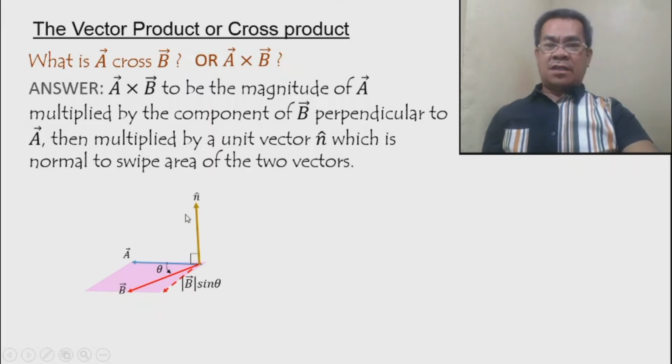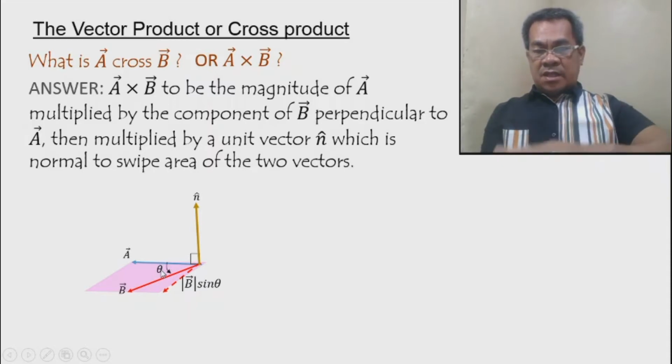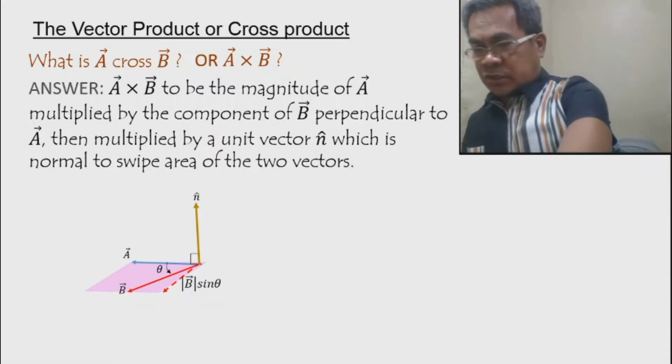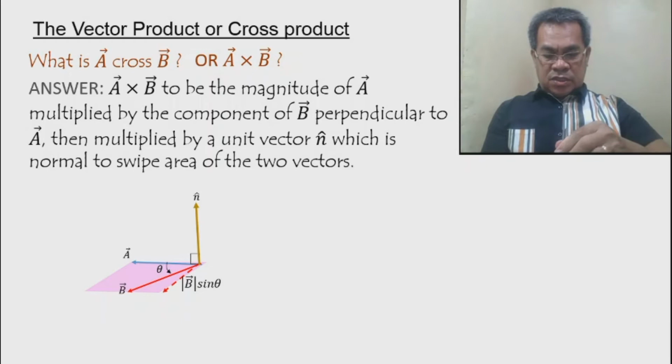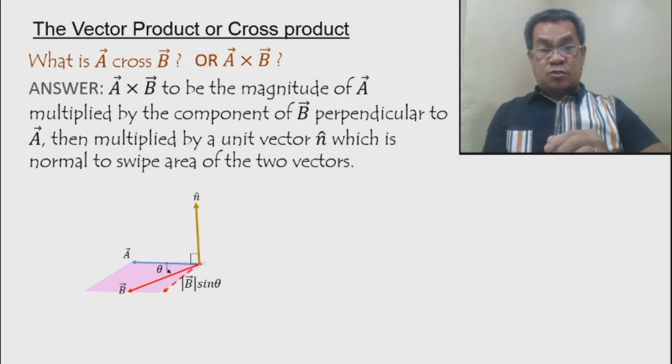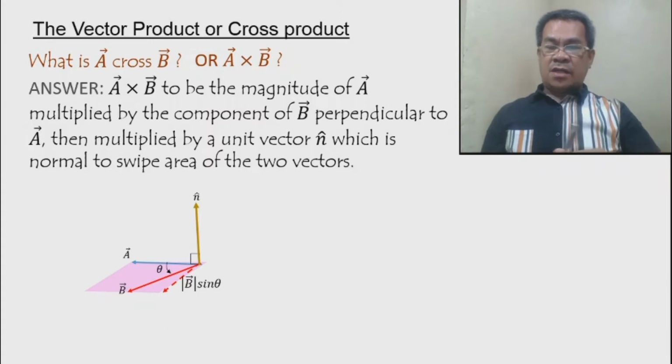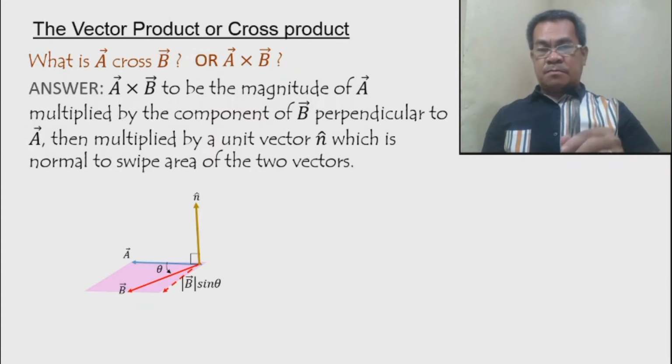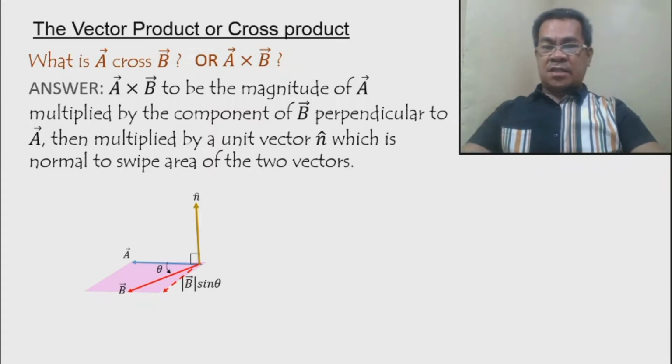The unit vector n hat is normal to the area. If this is the area, the normal should be in this direction, perpendicular to the plane. That's the meaning of normal. The direction of n hat is the direction of the swipe area rotating.